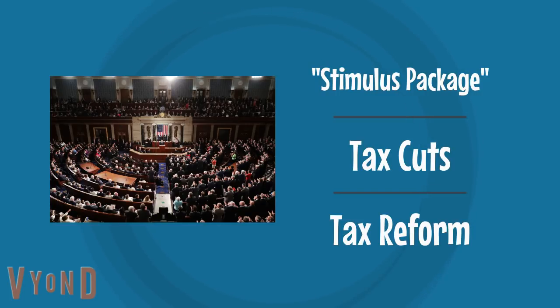By changing the tax code, you can encourage them to bring that money back in. What we hope they do is to invest that money, to put it into plant, equipment, and so on. But we didn't put anything in the tax code to encourage them. So we gave them a tax cut, but we didn't do tax reform, which means we didn't try to encourage certain behaviors from the tax system.